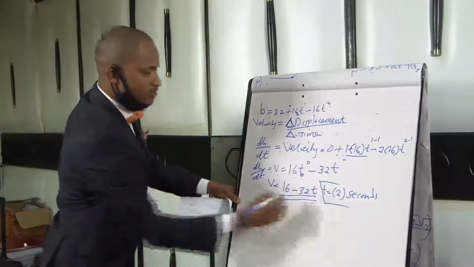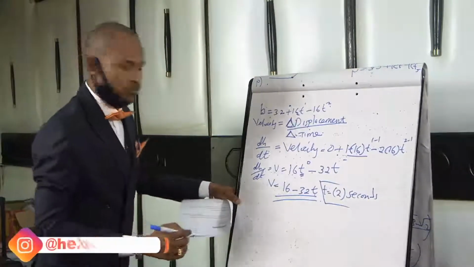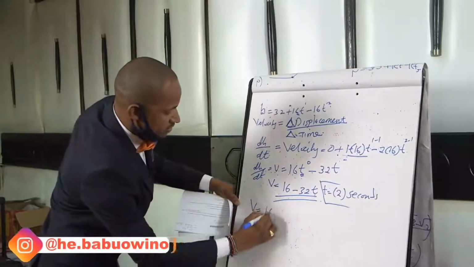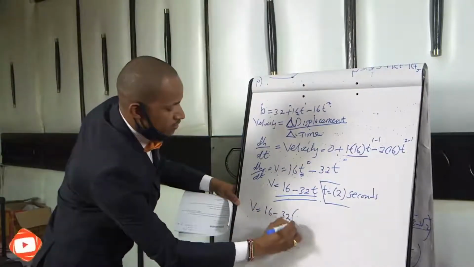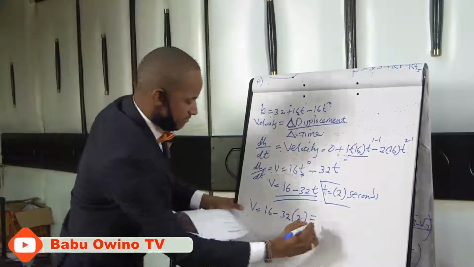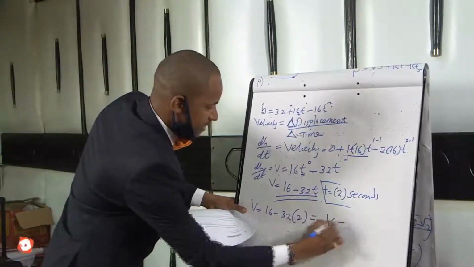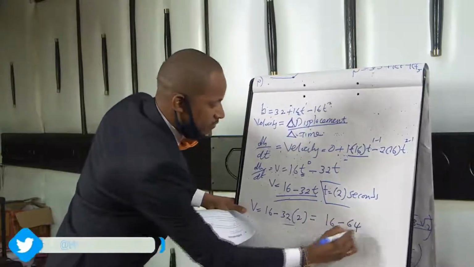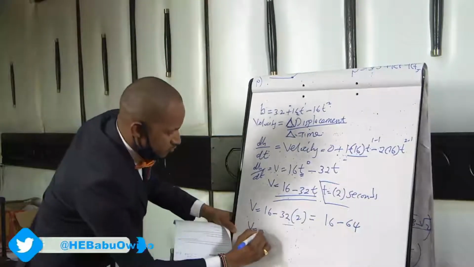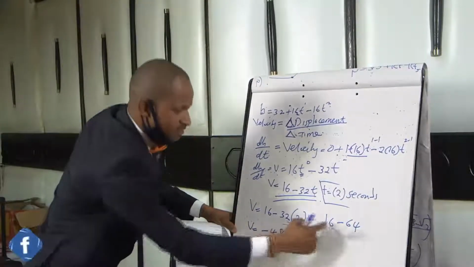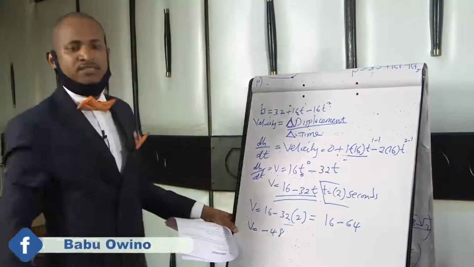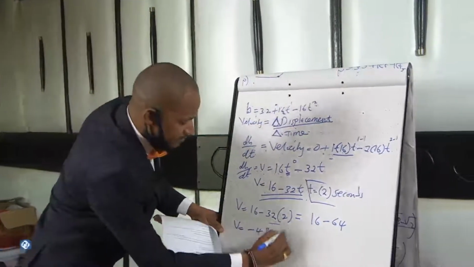Where there is t, you replace with 2. Therefore, velocity is equal to 16 minus 32 times 2. You get 16 minus 64. So velocity is equal to minus 48 meters per second.